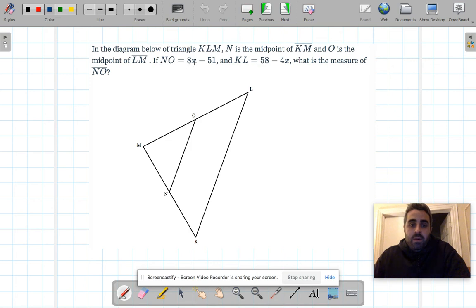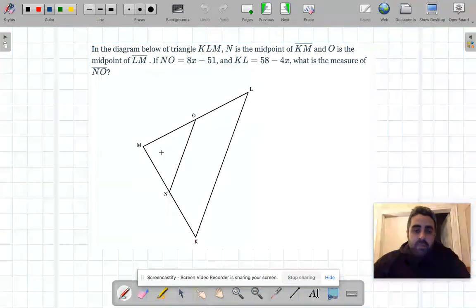If NO is 8x minus 51, and KL is 58 minus 4x, what is the measure of NO? So let's start by labeling our picture. You could draw a quick diagram on your paper if you don't have the figure available. So I'm going to label this as 8x minus 51, and I'm going to label KL as 58 minus 4x.